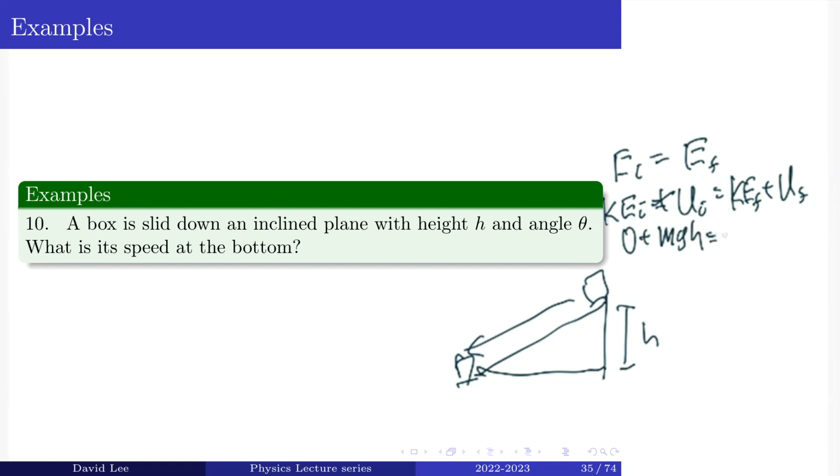Now at the end, it's kinetic energy, that's what we want to find, 1/2 mv squared. And it has no potential energy because it's at height 0. So now all we have to do is solve this equation and we'll get v equals root 2gh.